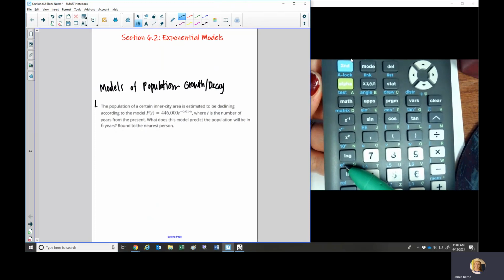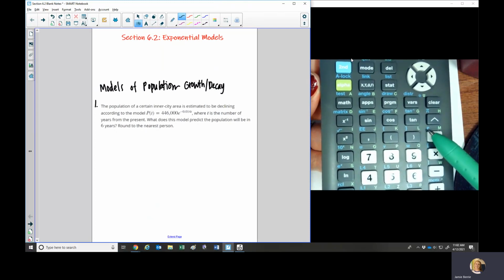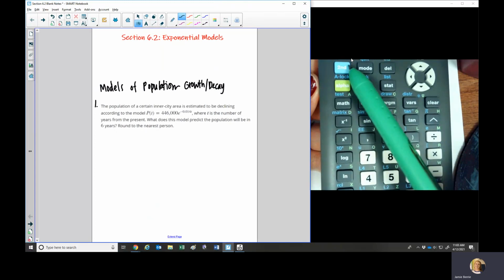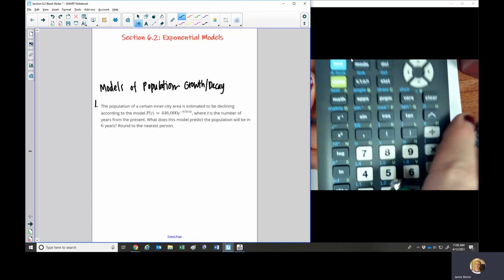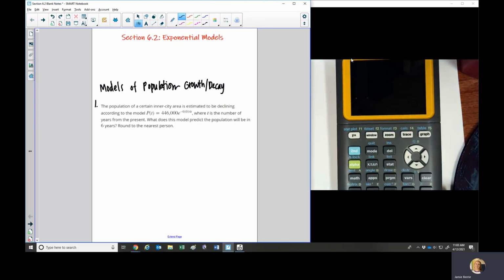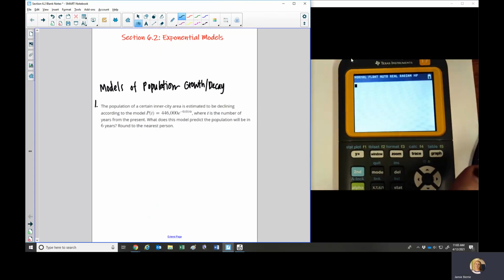That would take you to e to the x, which is what we'll be using. And if you don't have an exponent on e, you can use this button over here. You would hit second, then the division button, and that would pull up just the little number e with no exponent. Most of the time you'll be using the one on second ln for this class anyway.